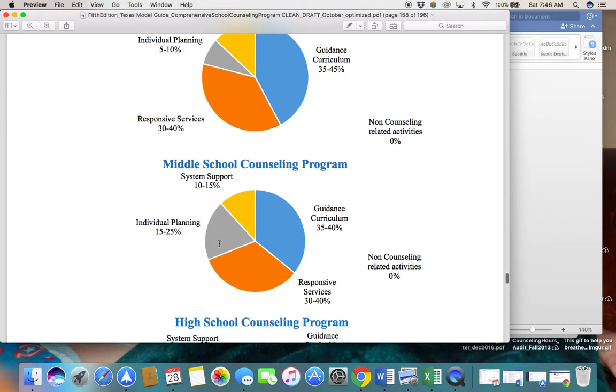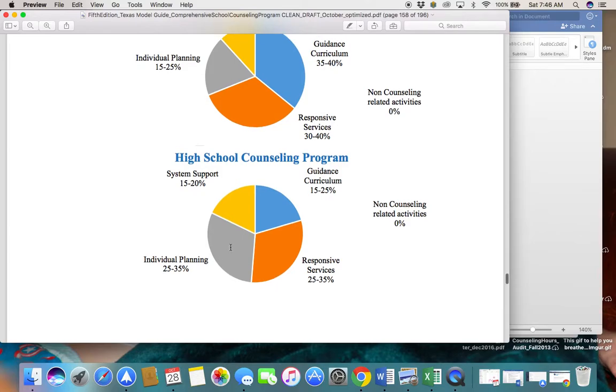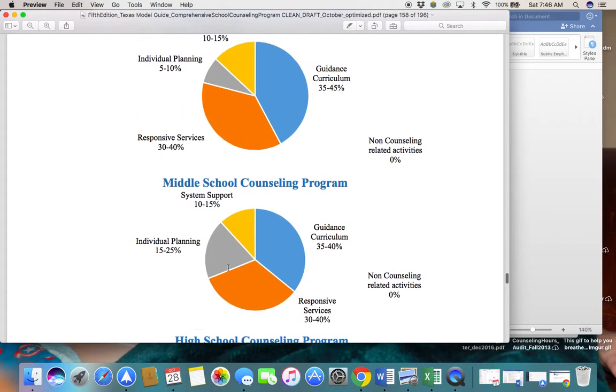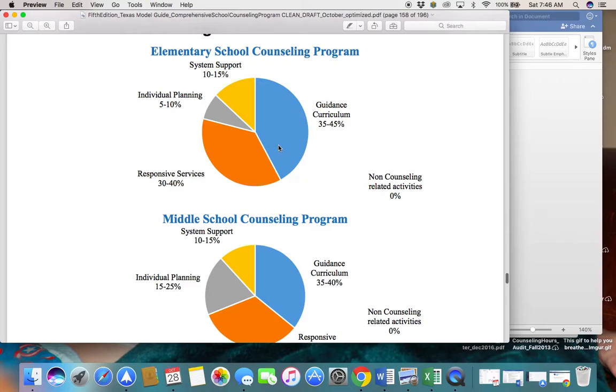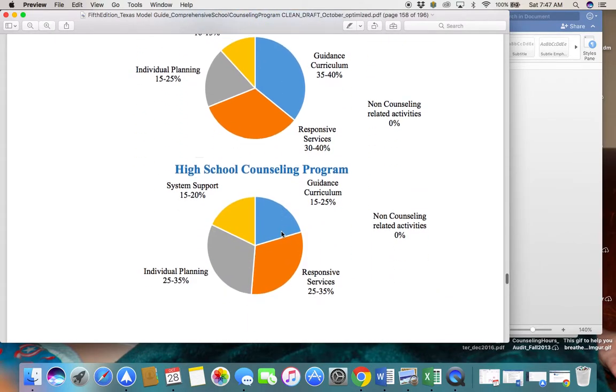In middle school it goes up, and in high school it's the largest, because that's where you need to be working with those students individually because their needs become more individualized. Conversely, you spend the most time in guidance curriculum in elementary, then it decreases in middle school and decreases in high school.